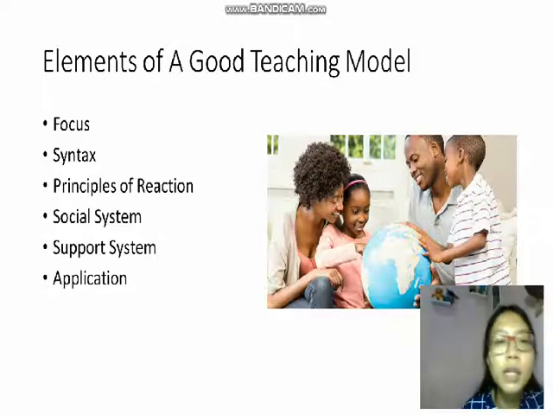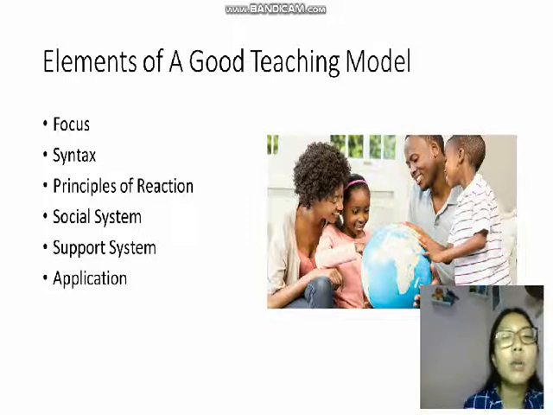It's about the focus. Focus is the central aspect of the teaching model. The objective of the teaching and also aspects of the environment generally will be the components of the focus in the teaching model. So it will help the students to reach their learning objective.